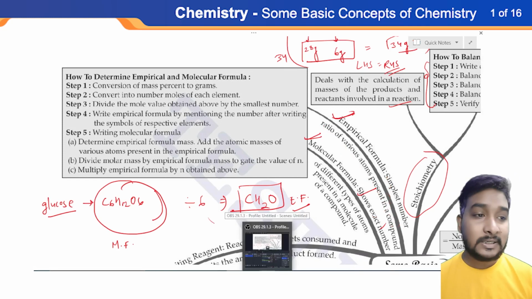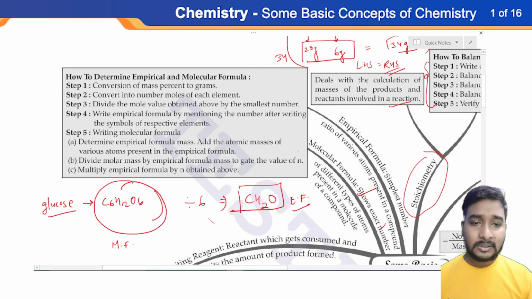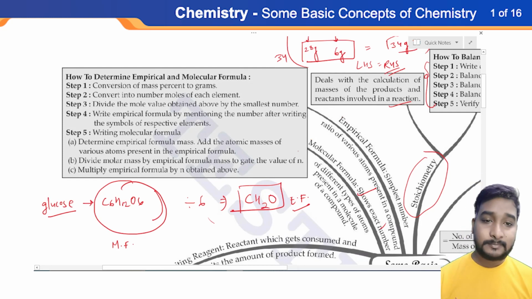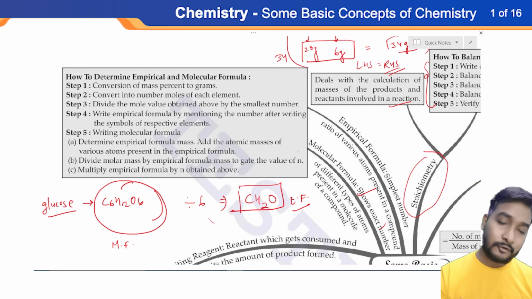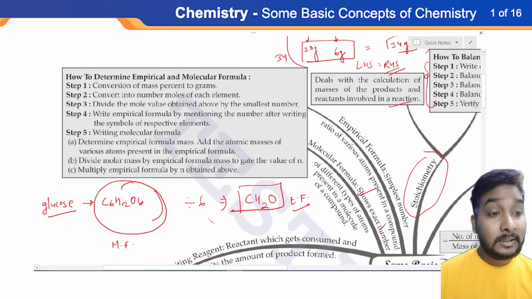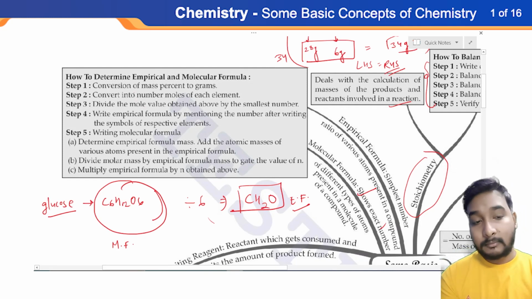Okay, so empirical and molecular formulas are simple, no need to worry to remember these points. Molecular formula tells about the exact number of atoms in a molecule, but empirical formula explains the simplest ratio or simplest form of that molecular formula. Okay, two empirical formulas may be similar, but two molecular formulas will not be similar at any cost.